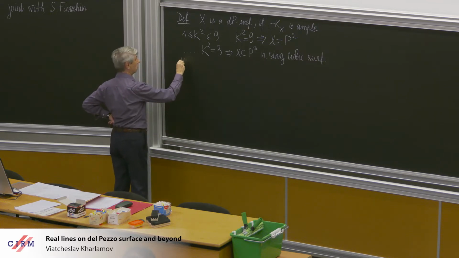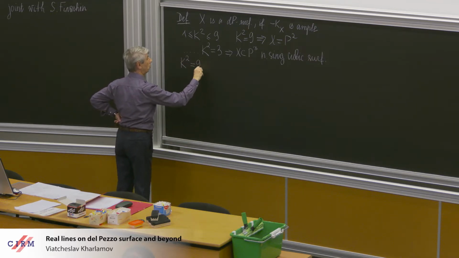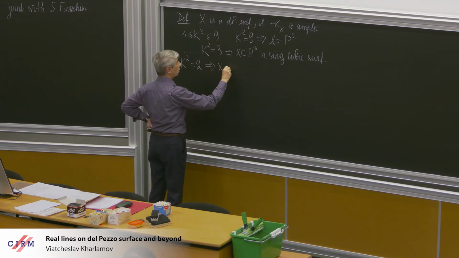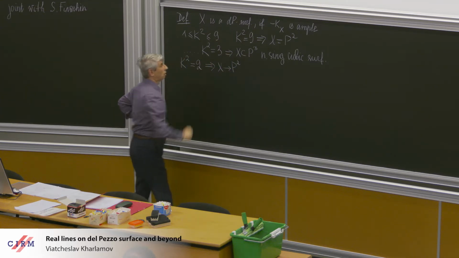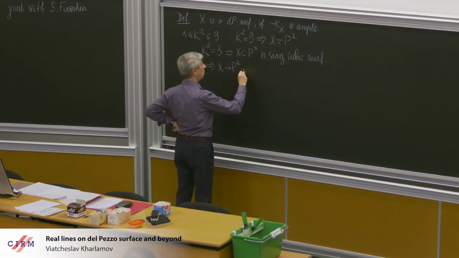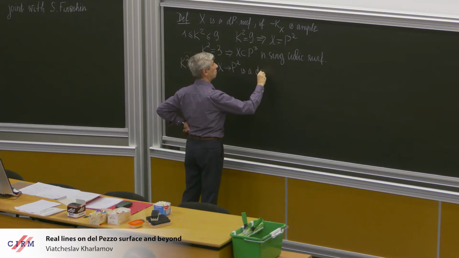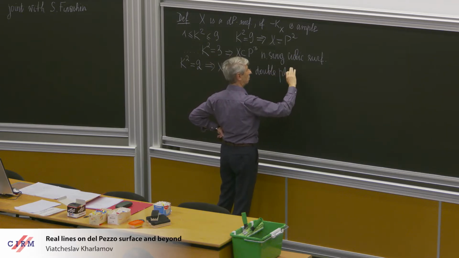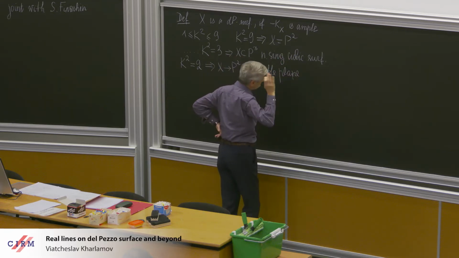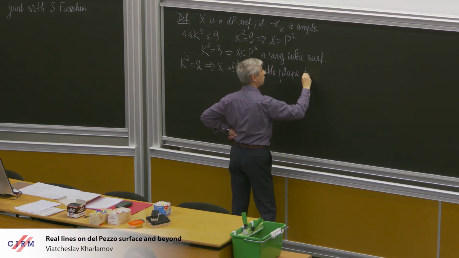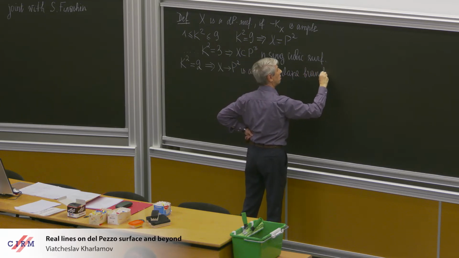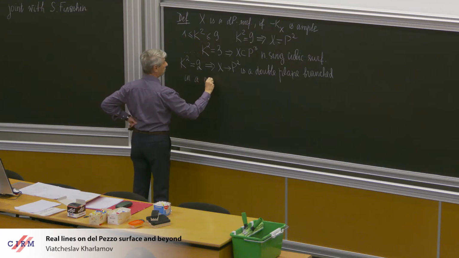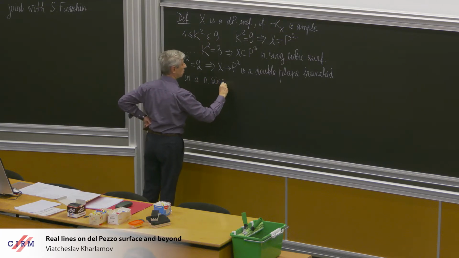If K-square is equal to 2, then X is a double plane branched in a non-singular quartic curve.